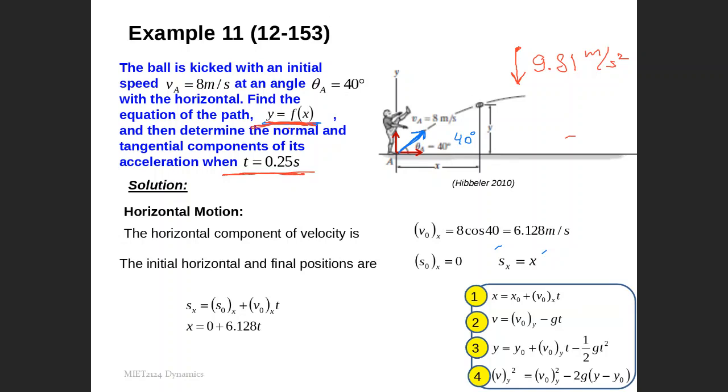So basically, if we find the tangential direction at the instant when time is equal to 0.25 seconds, we will be able to break this total acceleration into two components, normal and tangential.